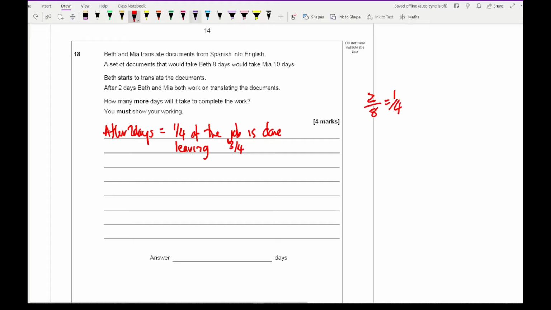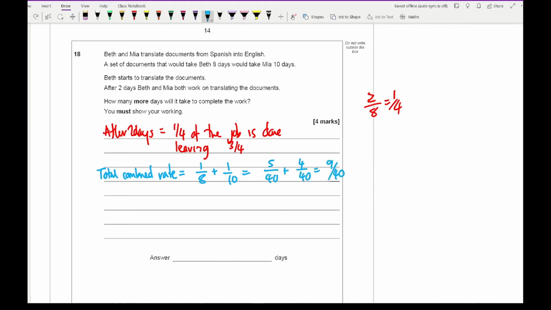So what we then need to do is look at calculating the total combined effort. So the total combined effort rate is going to be 1/8 plus 1/10, which if I then have a common denominator to work this out, so here a common denominator is going to be 40, so it's going to be 5/40 plus 4/40, which gives me 9/40.